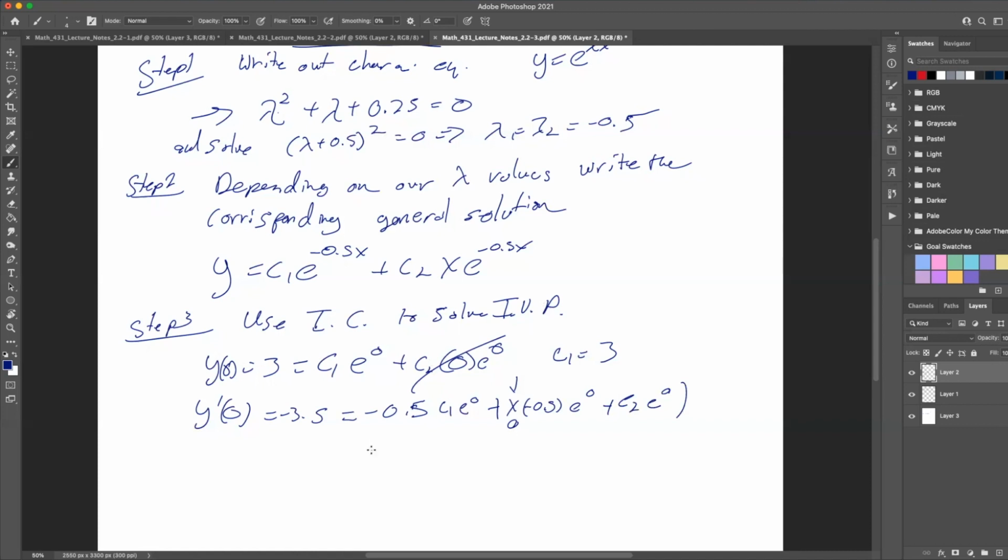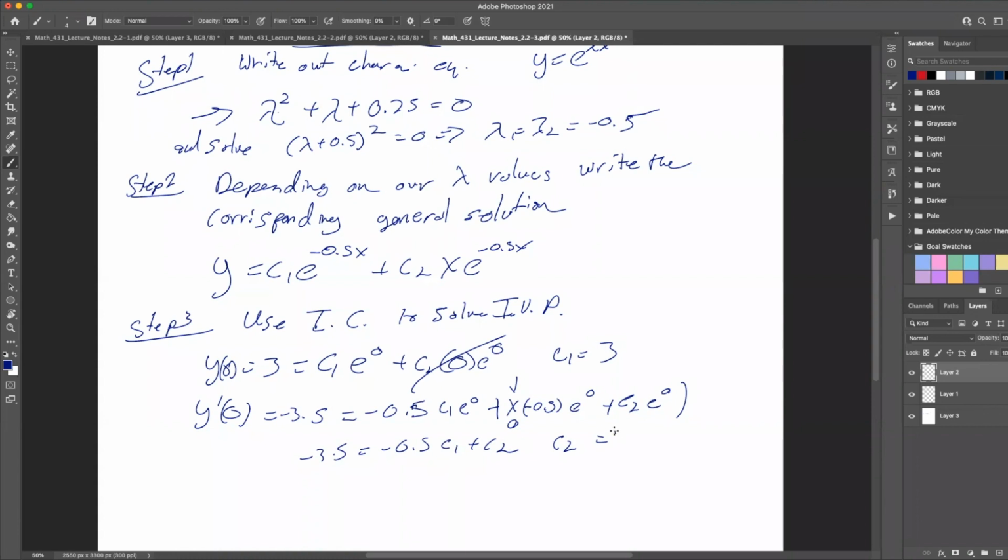So here you have to use chain rule. And so I'll have minus 3.5 is equal to minus 0.5 C1 plus C2. And that means C2 is equal to, so I plug in a 3 here, I get 1.5.